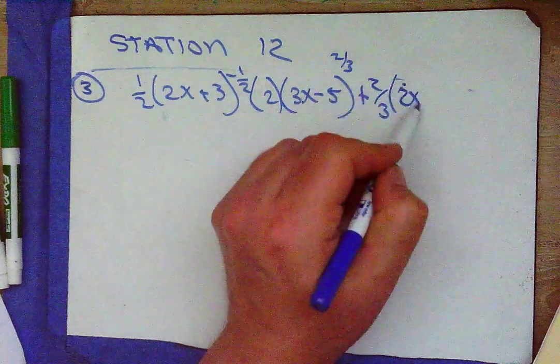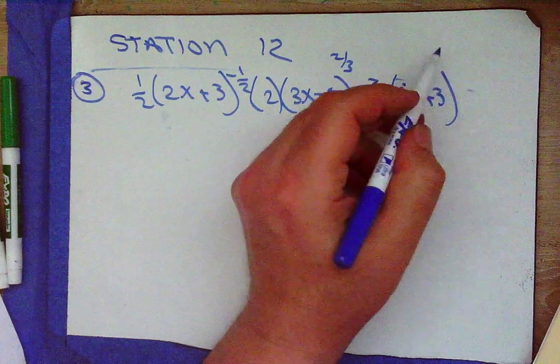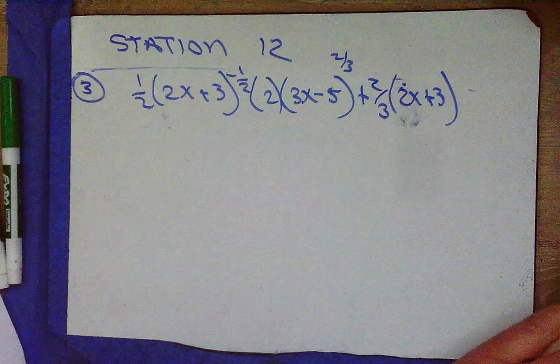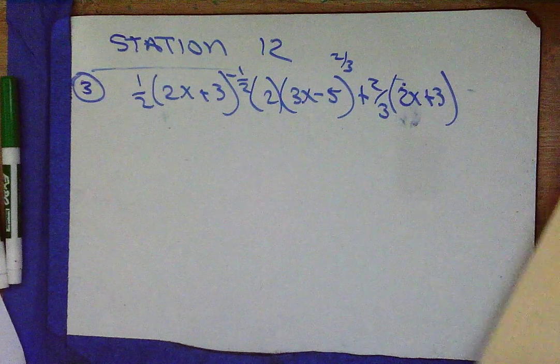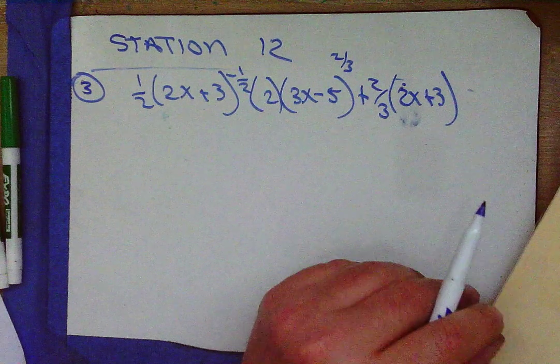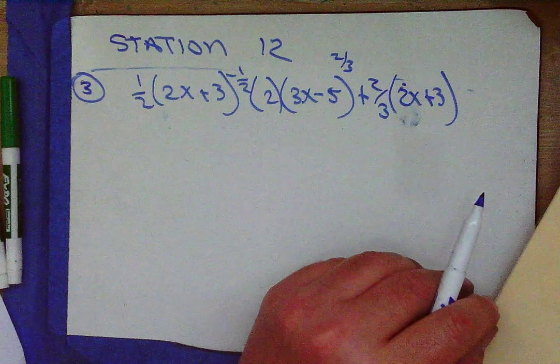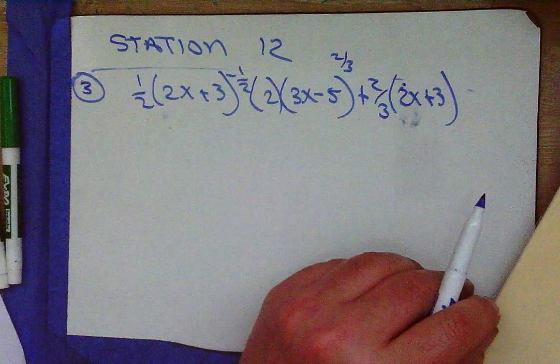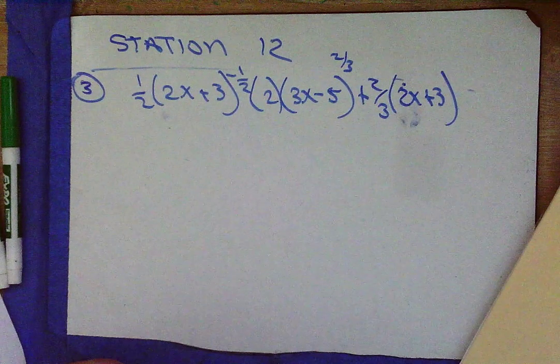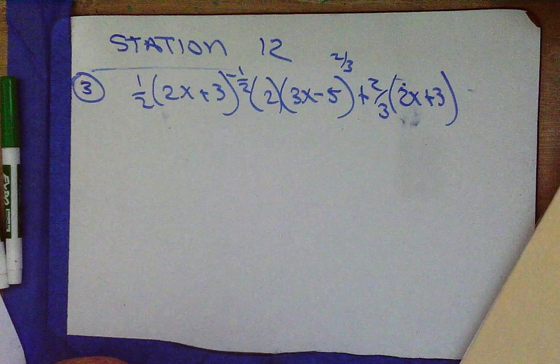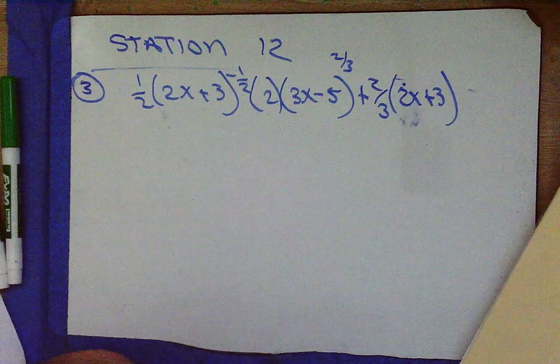2x plus 3 to the, what power is that? There's a typo here somewhere. That must be a typo. To the 1/2. No, that's not right. How could that be right?